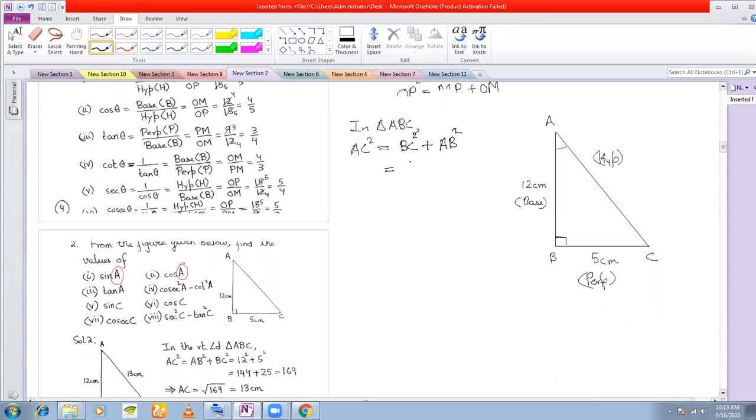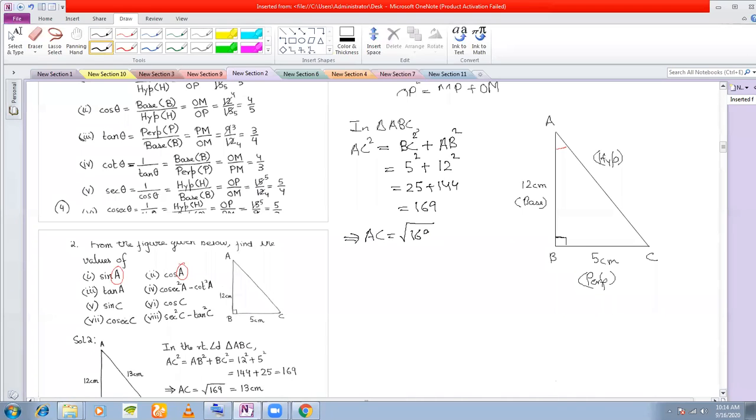So perpendicular is 5 and base here is 12. This is 25 plus 144, which shall give you 169. So therefore what is AC?